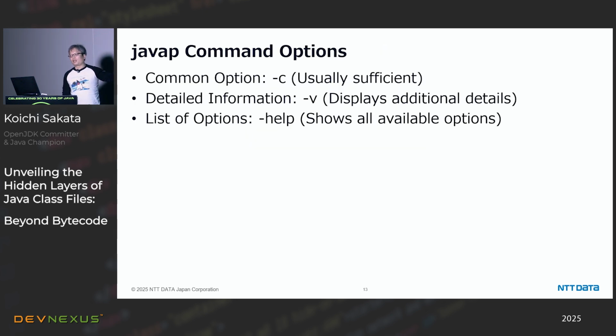The javap command has several options, but the -c option is usually sufficient. If you want more detailed information, you can use the -v option to display additional details. There are also other options available, and you can see a list of them by using the -help option.